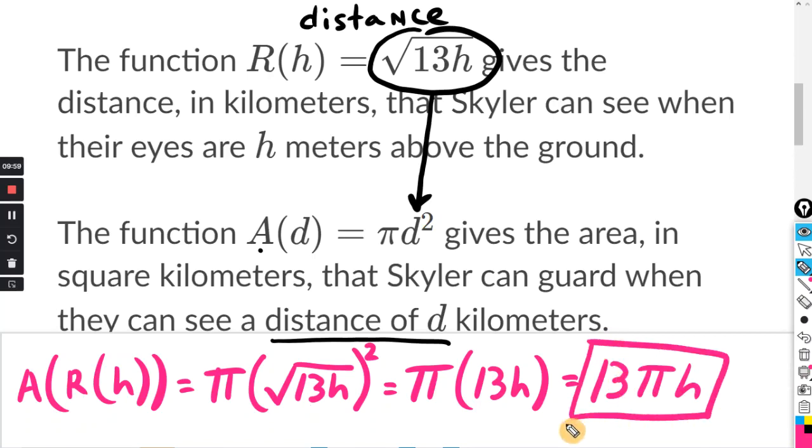And what this is, is area, because A represents area. It's going to be area as a function of h, which is h meters above the ground. I guess that's height. So it's area as a function of height. That's all it is, 13 pi h.